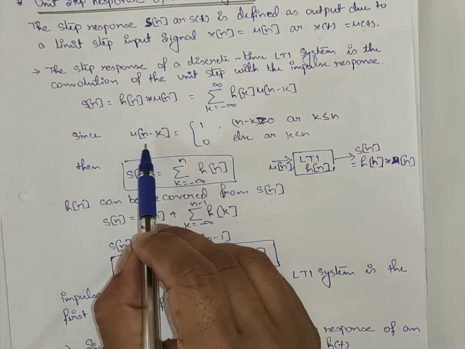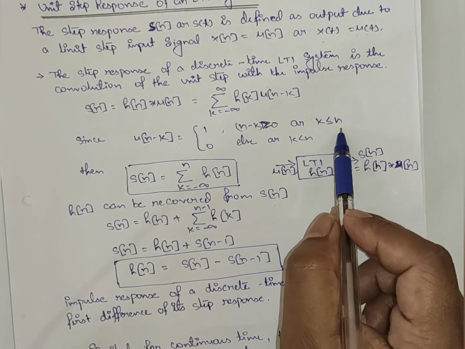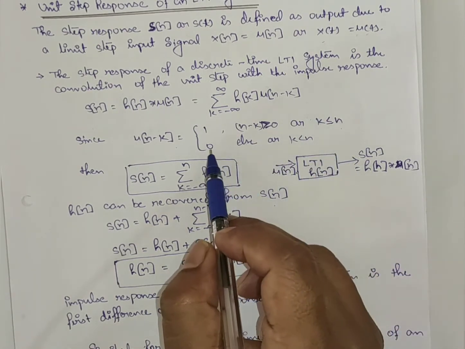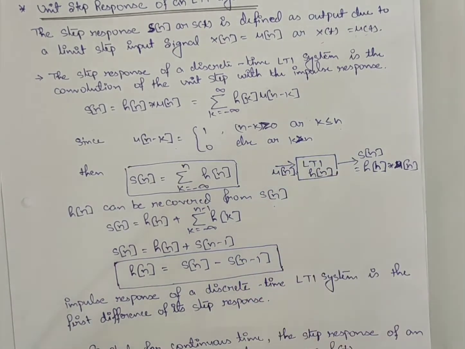This means u[n minus k] is defined as 1 for k less than or equal to n, and 0 for k greater than n.